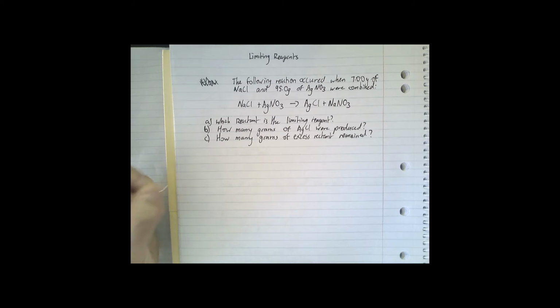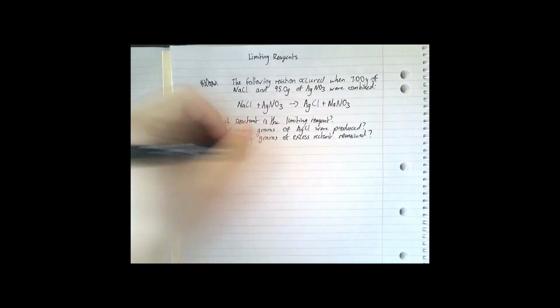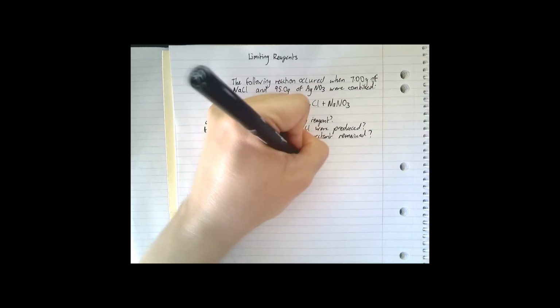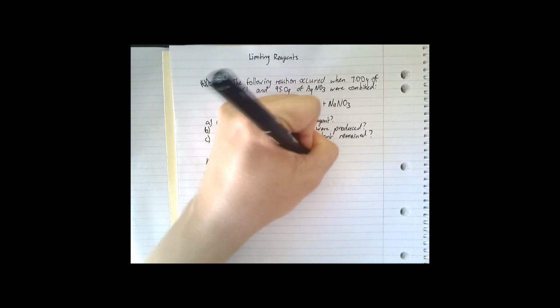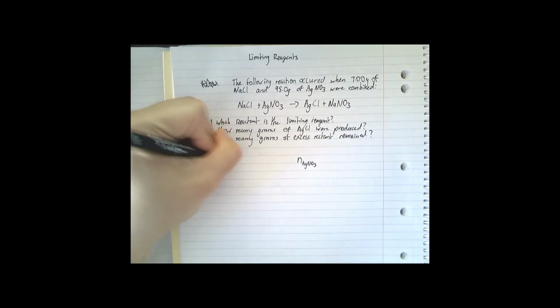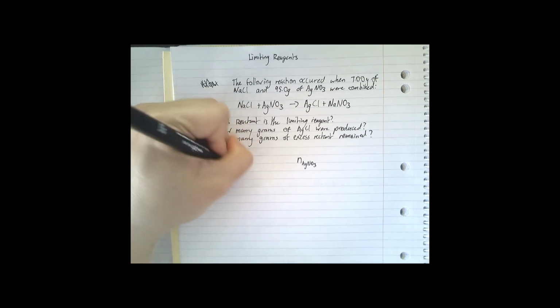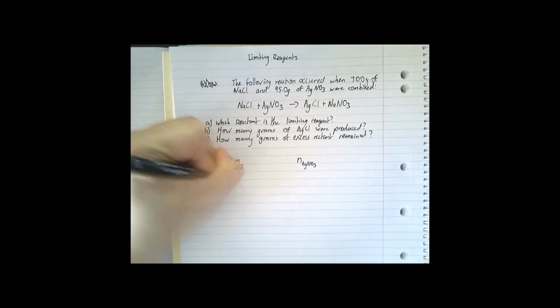So first off, which reactant is the limiting reagent? Now, the only way that we can determine that is to find the number of moles of sodium chloride and the number of moles of AgNO3, which is our silver nitrate, which actually were present to begin with. So the number of moles of sodium chloride present, will be mass over molar mass, is our formula.